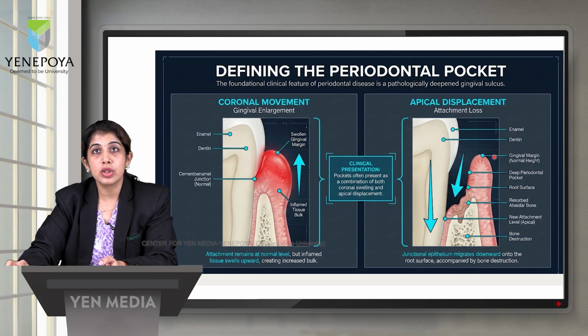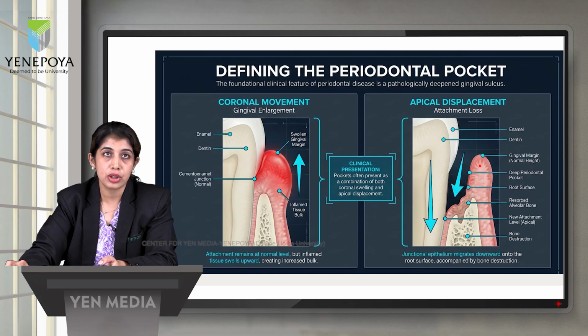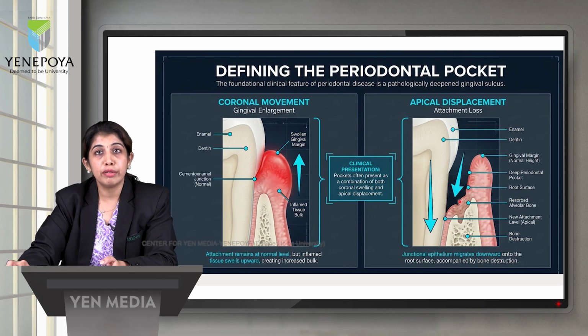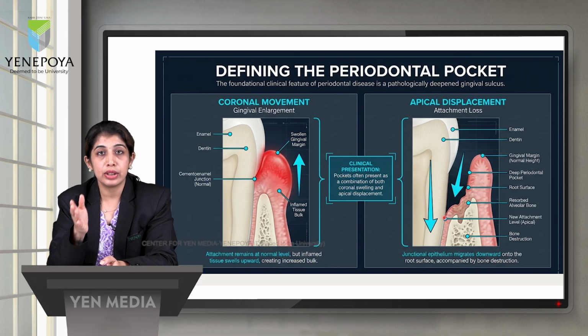The second one, which is more important to us in this topic, is the apical displacement of the junctional epithelium. As you see in the picture, your marginal gingiva is at the level of the CEJ as it is supposed to be. However, your junctional epithelium, that is the connection between your tooth and the gingiva, is moving apically.